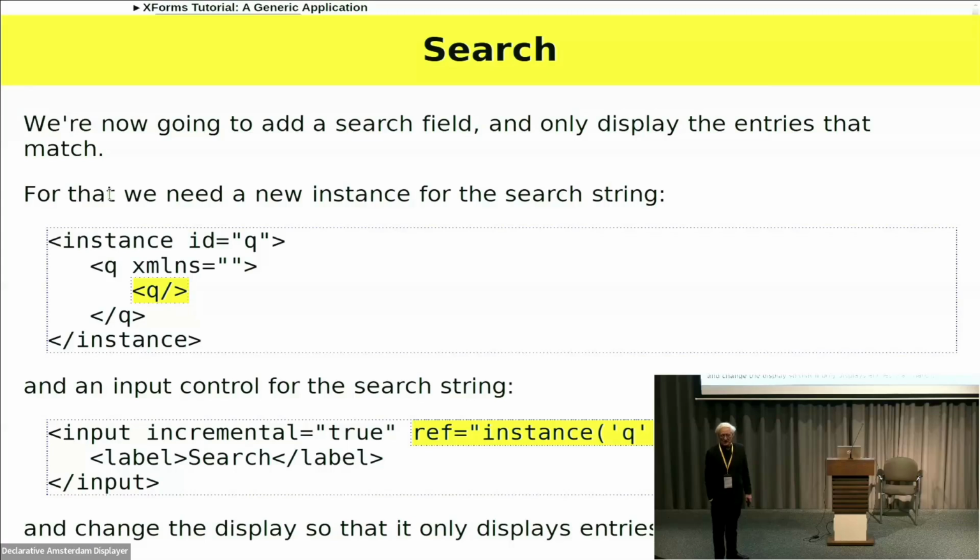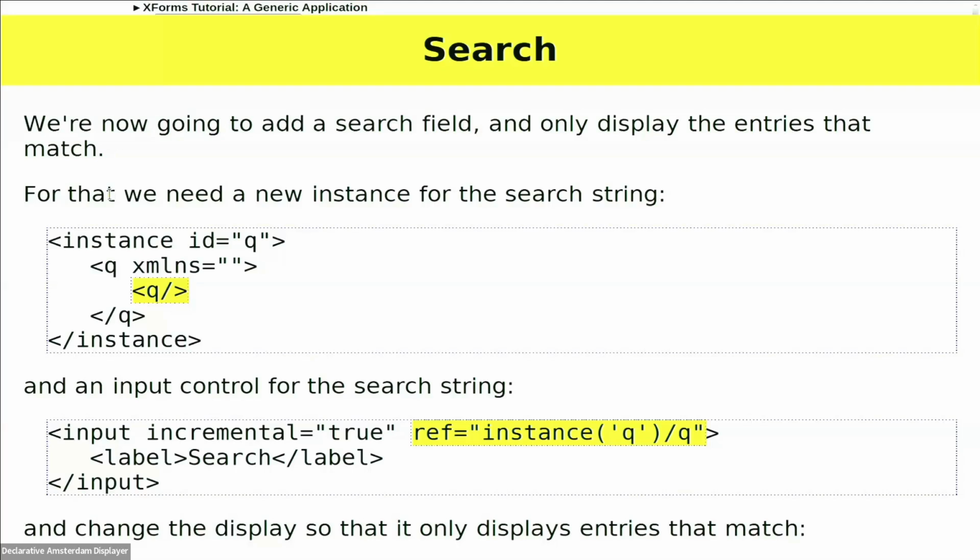The root element of an instance is hardly ever used, so it can usually be anything that you choose: data, admin. This instance Q thing in the ref, the yellow box below, returns the root element, not the document node of the instance. So when I say, for instance, ref instance Q, it sets the context to the root element of that, not the document node.